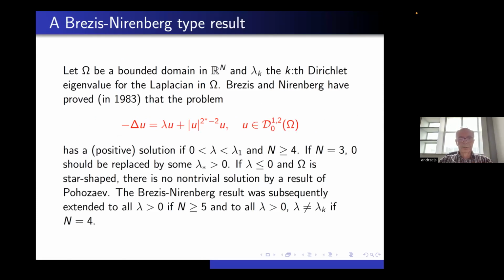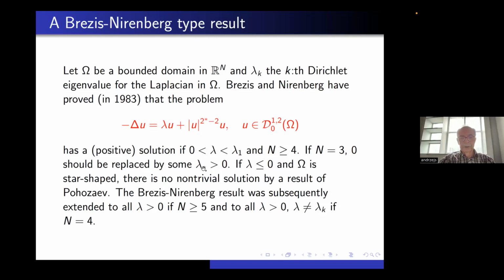And now there is also a Brezis-Nirenberg type result, which I think, how much time do I have? At least 15 minutes. Okay, so let me perhaps very briefly say that the known result of Brezis and Nirenberg is that this critical exponent problem has a positive solution if lambda is less than the first eigenvalue and n is bigger than or equal to 4.